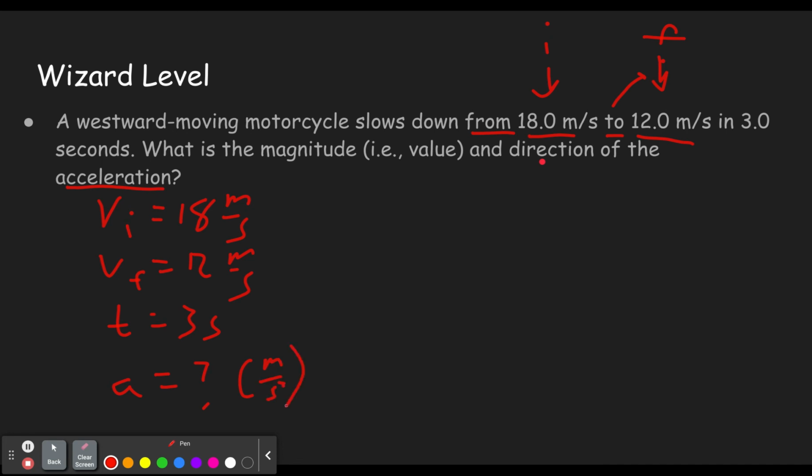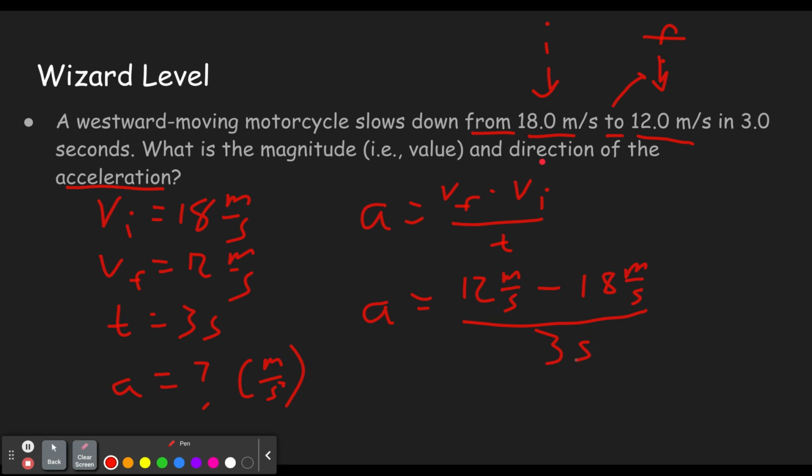All right, then we take our equation, a equals v final minus v initial divided by t. We plug in our values because we don't have to rearrange since it's already solved for us. We see 12 meters per second minus 18 meters per second, and we divide by 3 seconds.